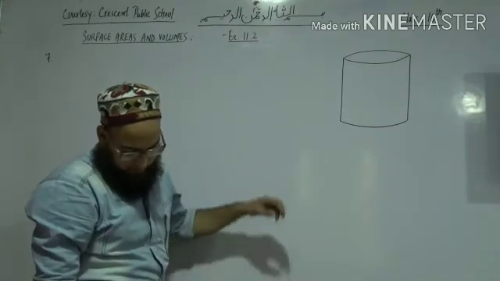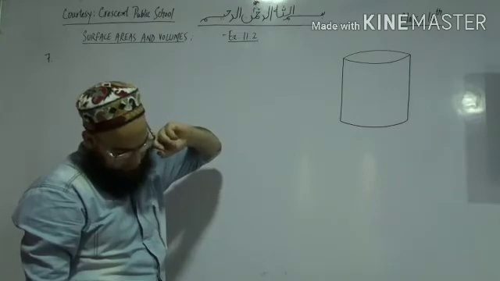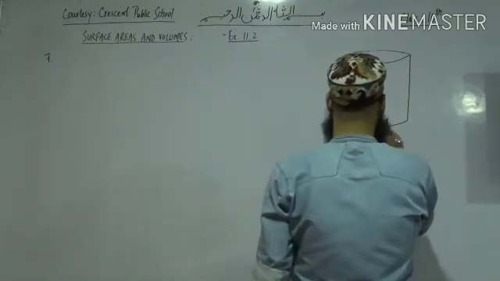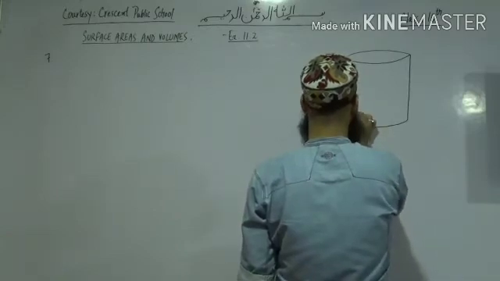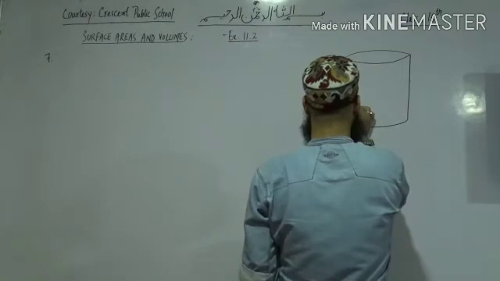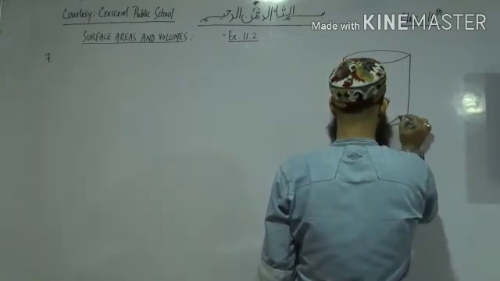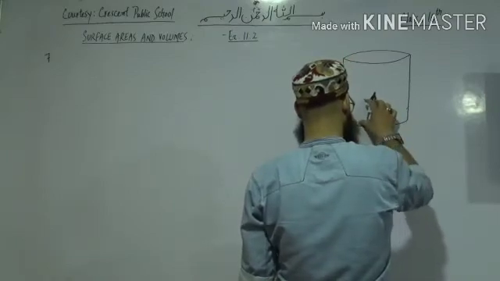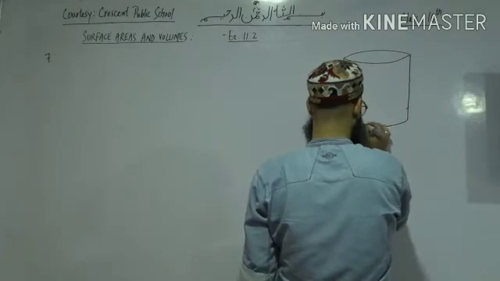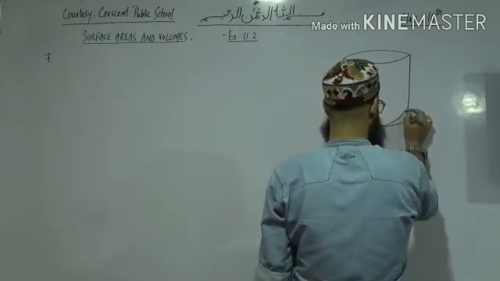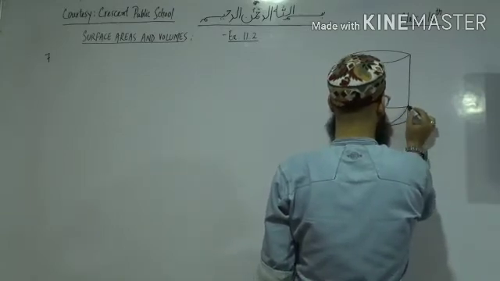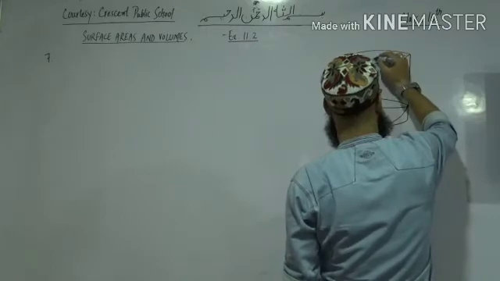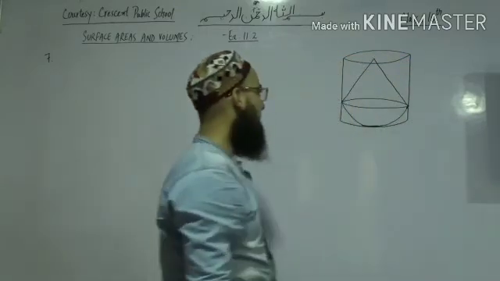Now this cylinder contains a right circular cone standing on a hemisphere, just like this.